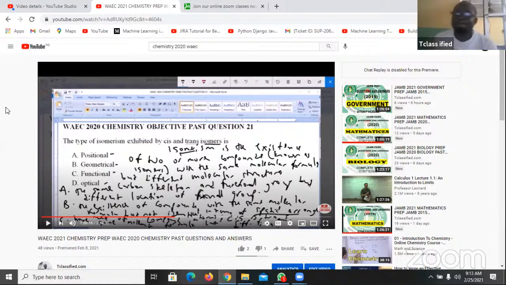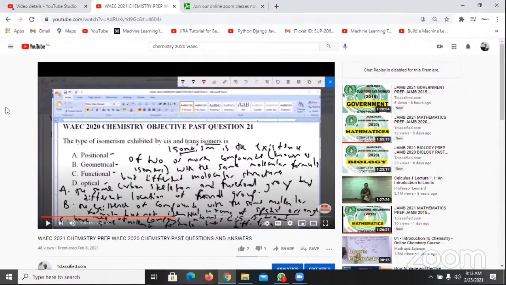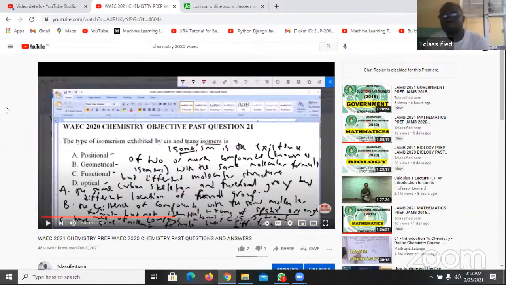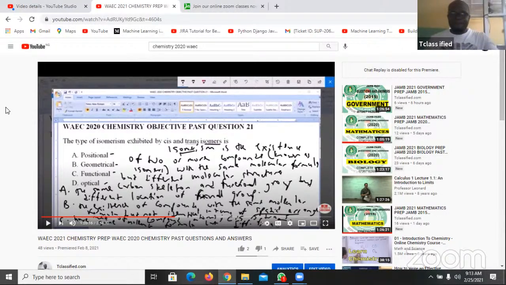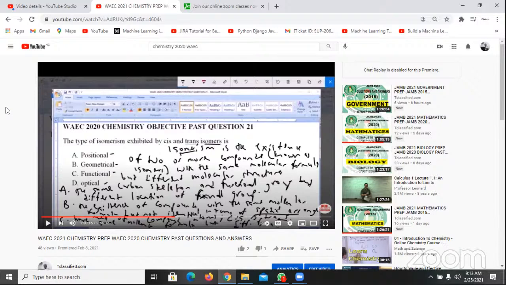The type of isomerism exhibited by cis and trans isomers is: A. positional, B. geometric, C. functional, D. optical. So which is the answer? The answer is B, geometrical.